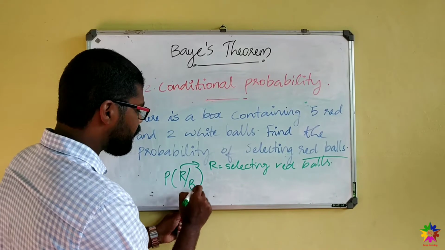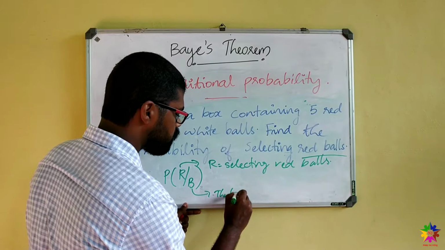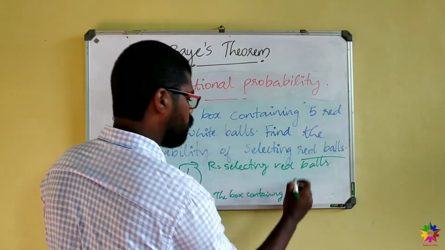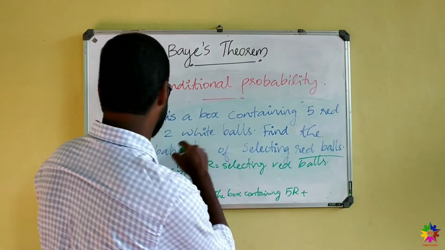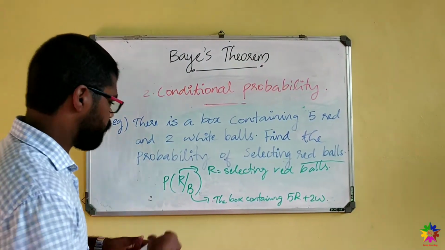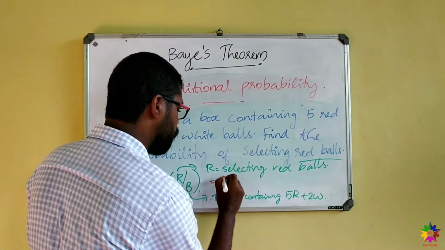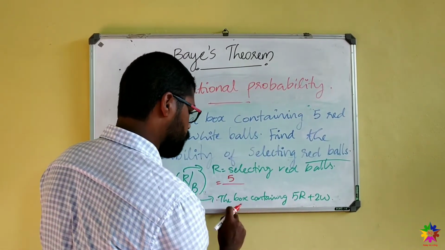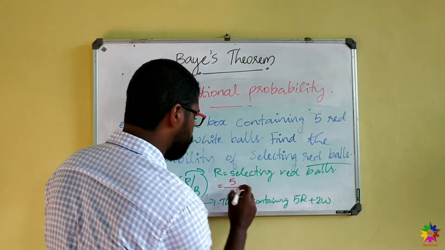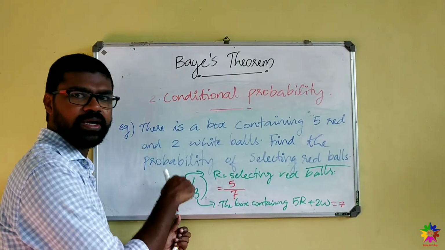Given that B means the box containing 5 red and 2 white balls. So what will be the answer? Selecting red balls: there are 5 red balls out of the box containing 5 red and 2 white balls, that is 7 balls. So this is the conditional probability.